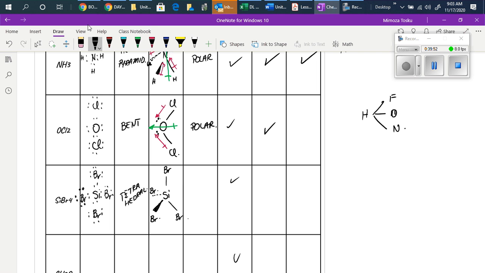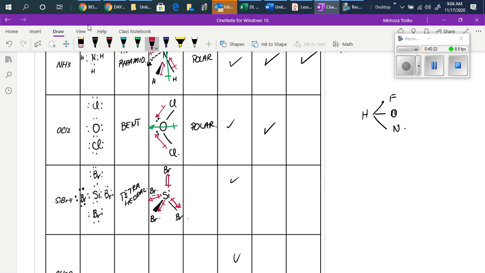Okay, so if we see the difference between bromine and silicon, then we will see that the difference between the two is toward bromine. So the dipole moment will be this, this, this, and this one here.